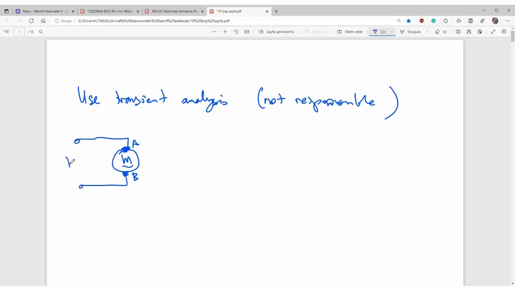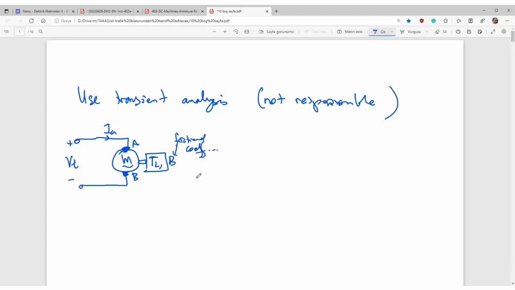Here is the applied terminal voltage and here is the armature current, and here is the mechanical world, where the shaft supplies a mechanical load and there is a friction. That is the friction coefficient.